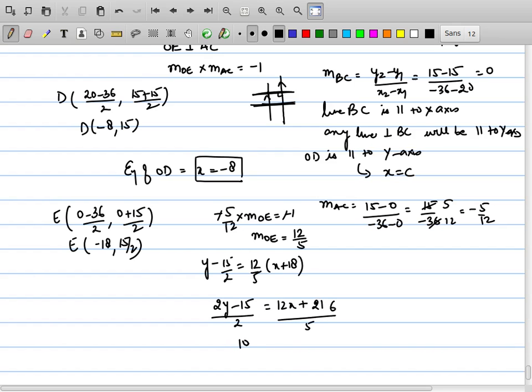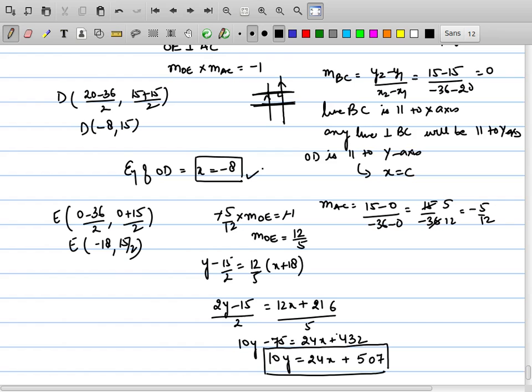We can cross multiply. 10y minus 75 is 24x plus 432. Therefore 10y is equal to 24x plus 75 goes on the right side, therefore it becomes 507. Now this is the equation of the other perpendicular bisector.